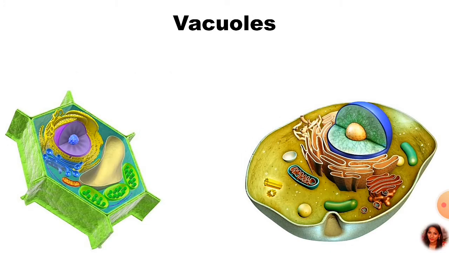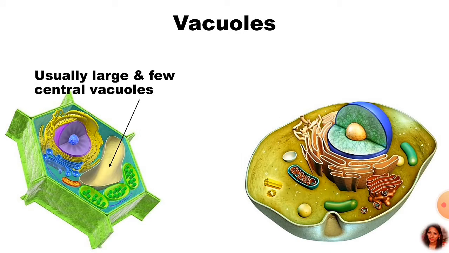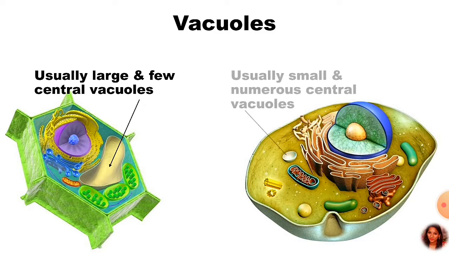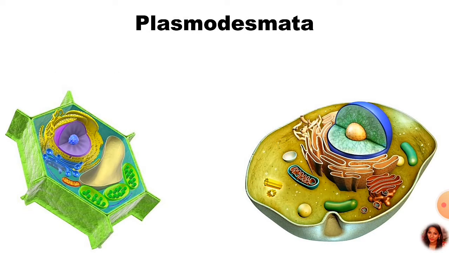Second, if we talk about the vacuoles, as we can see, the plant cell usually has a large, single central vacuole. But in the animal cell, vacuoles are usually small and numerous. Another point is the plasmodesmata. What is it actually?